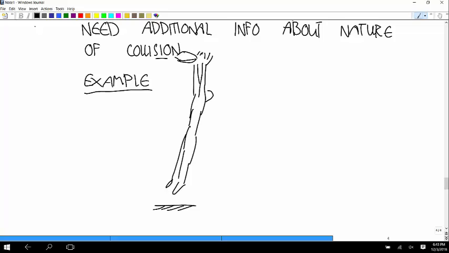Okay, so the football is coming in this way. Let's say the mass of the person is 100 kilograms, and the mass of the football, let's say it's 1 kilogram, just to make it easy numbers.